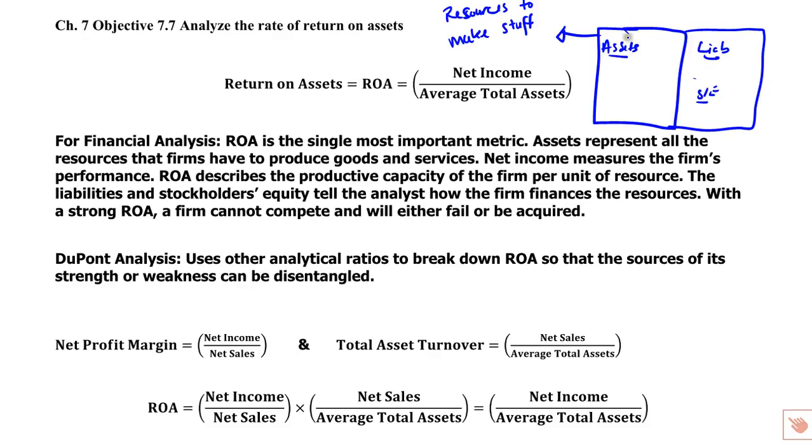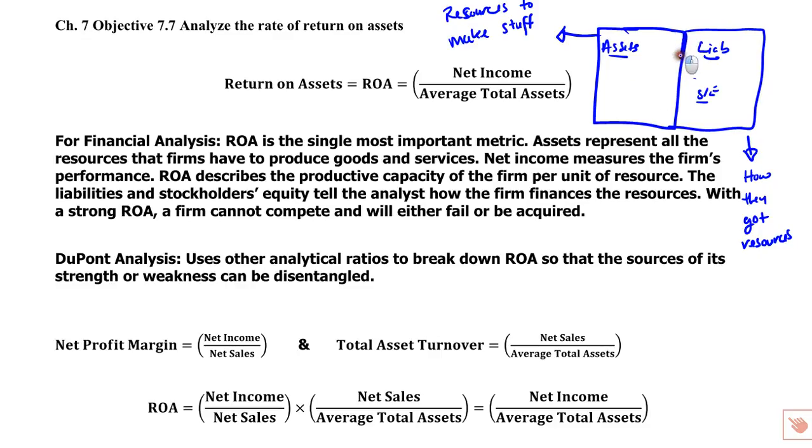So all these assets, this is all the firm has to produce goods and services for the company. And this is how the liabilities and stockholders' equity are how they got the resources.